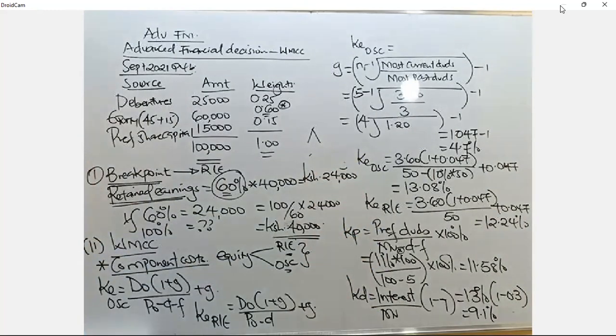So that is how you normally compute your component cost. Once you get your component cost, it's easy for you. Someone is greeting us, saying, Mwalimu, I'm not understanding. That is Roslyn. You can just pinpoint the area which you are not understanding so that I can repeat. You can unmute and ask the question. And if you are not understanding this concept, it means you have not watched the first video for WMCC.